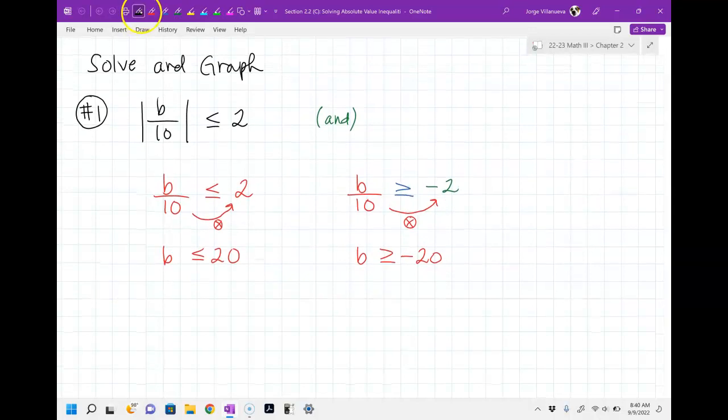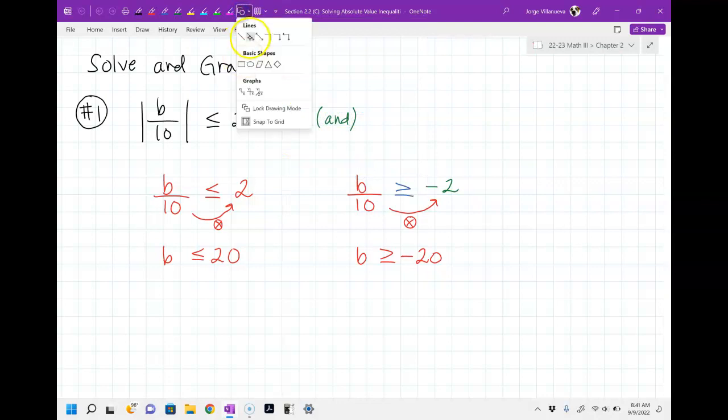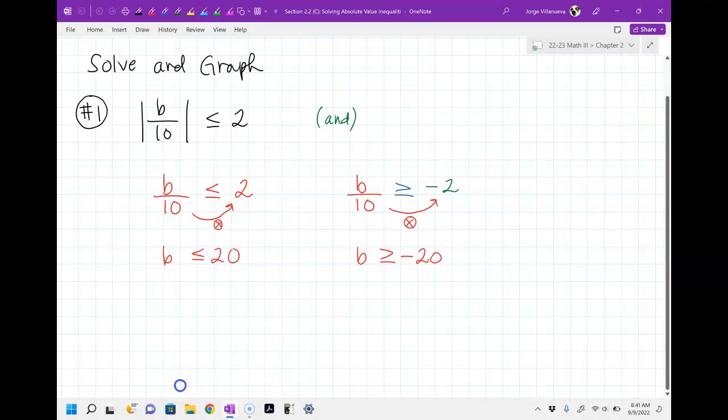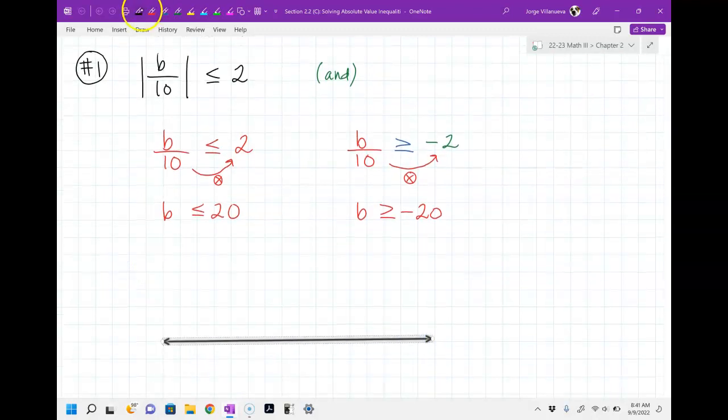Okay? So let's graph this thing. I'm going to be drawing my own graphs here. You guys are going to have to draw your own graphs sometimes. Sometimes they'll give them to you within the problem. I'm going to make a pretty big one. Now, just so you know, you can draw these however you want. I'm going to go by fives.